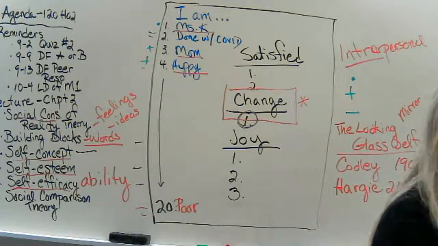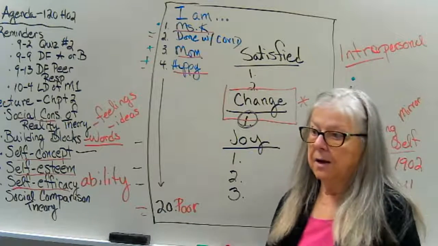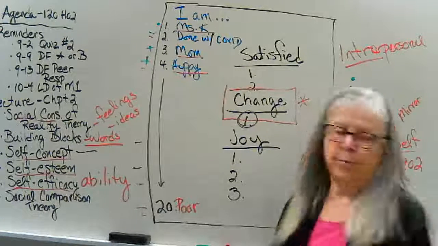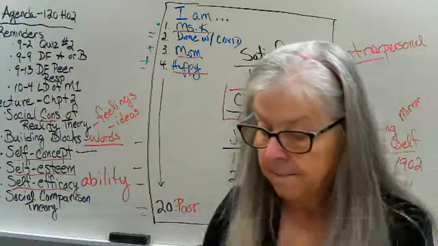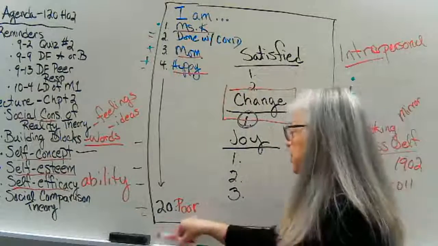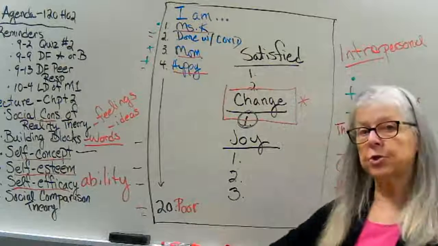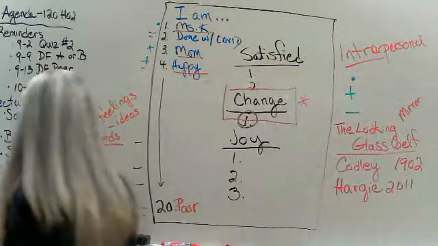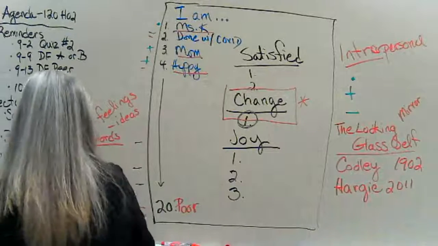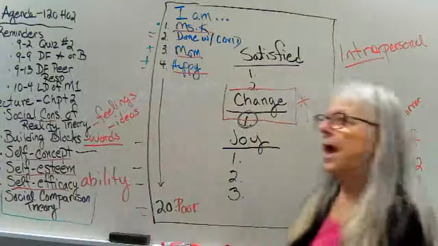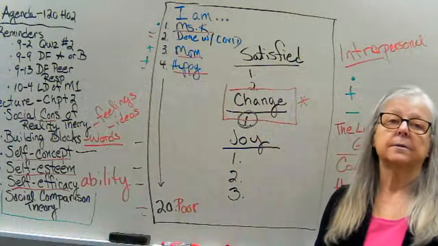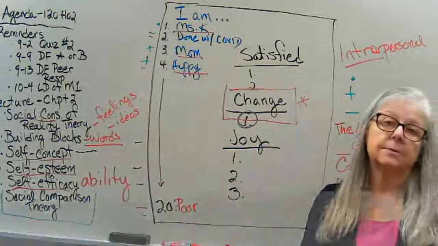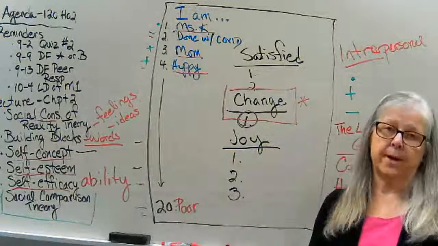Now, I'm going to then pull this all together by connecting it to the social comparison theory. Everything I've talked about here, you can, and you do, compare yourself to somebody else.